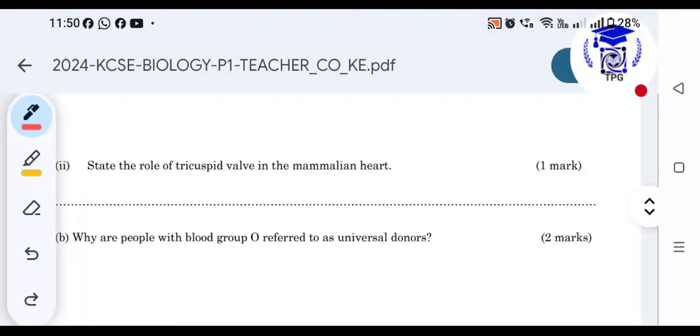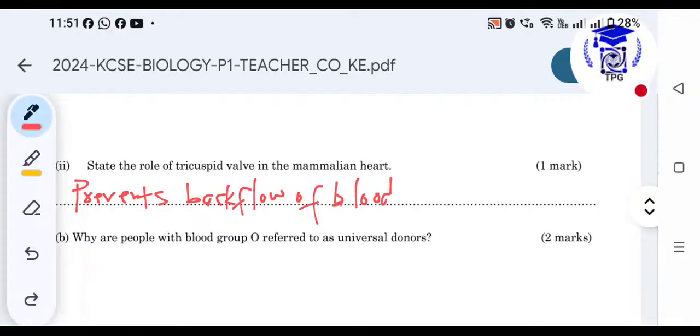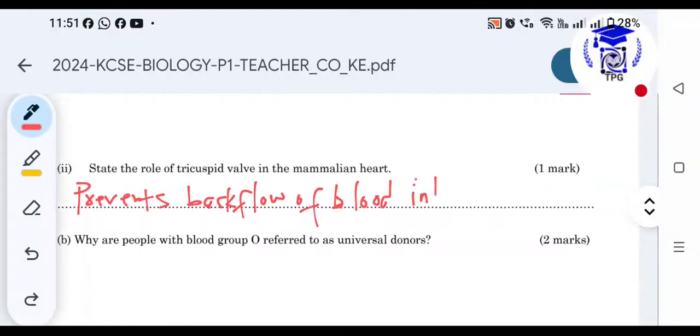So it prevents backflow of blood into the right atrium, or auricle.